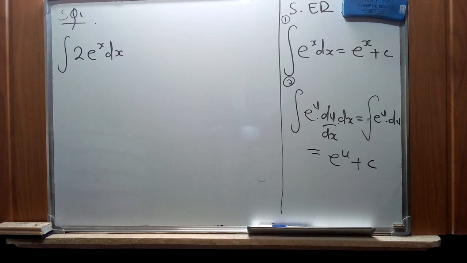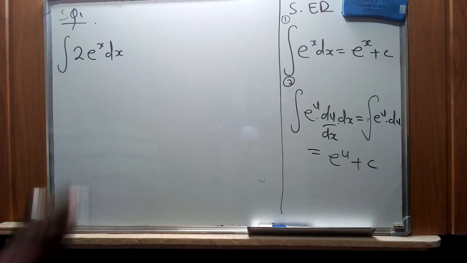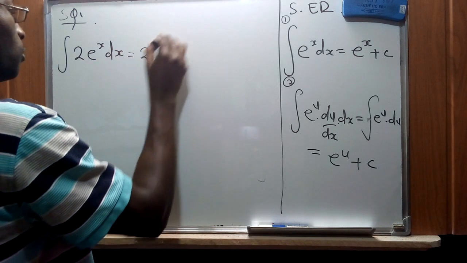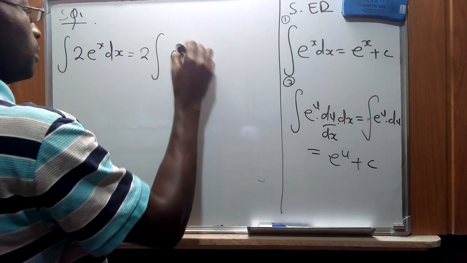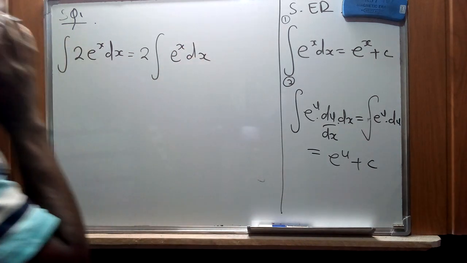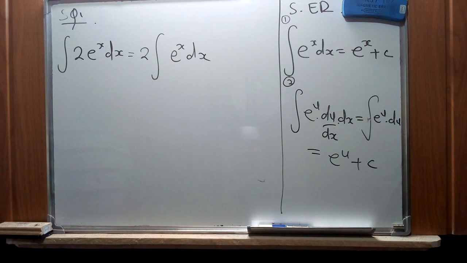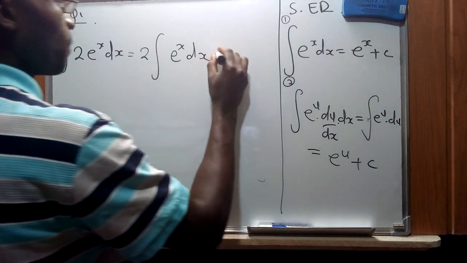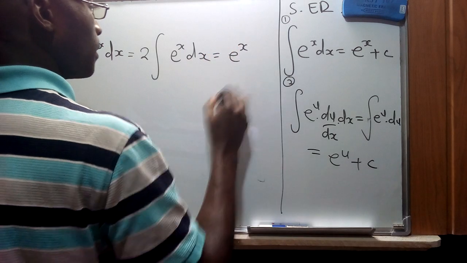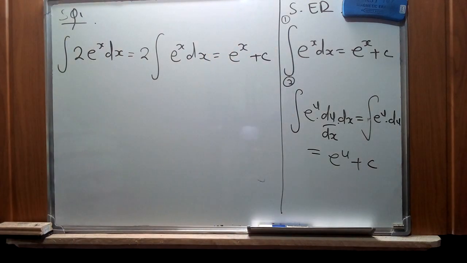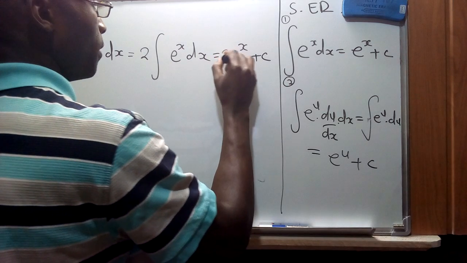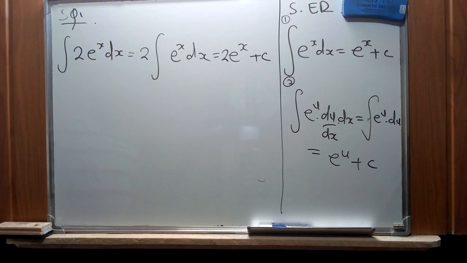Since the coefficient 2 is a constant, we write it as 2 times the integral of e^x dx, and this gives us e^x plus c. But remember we have the coefficient 2 here.